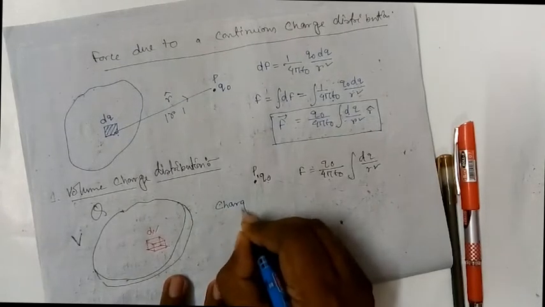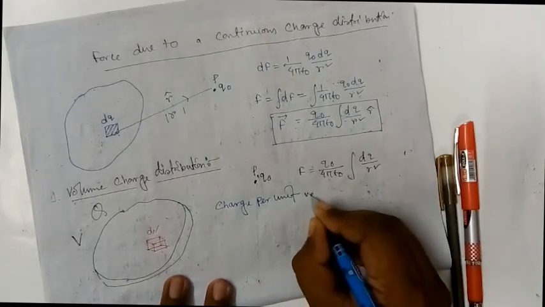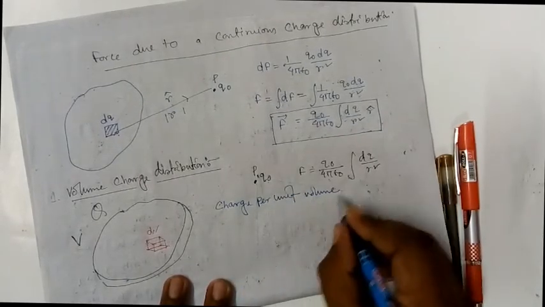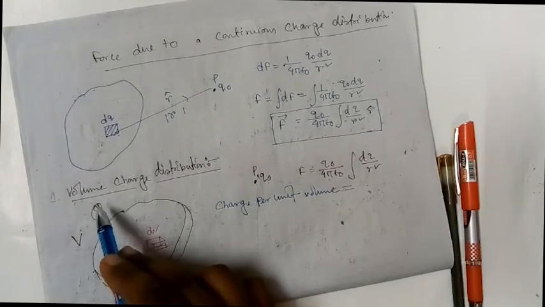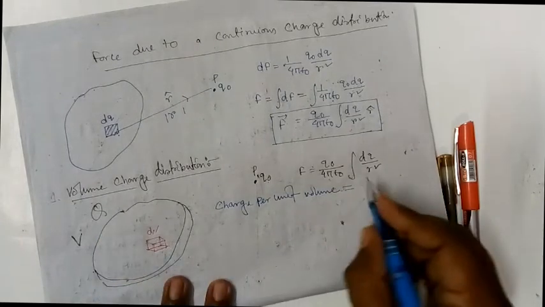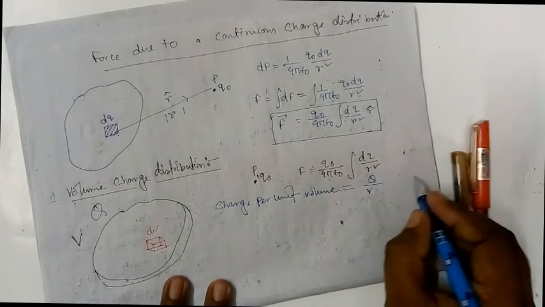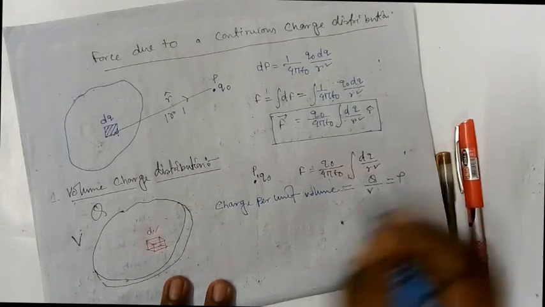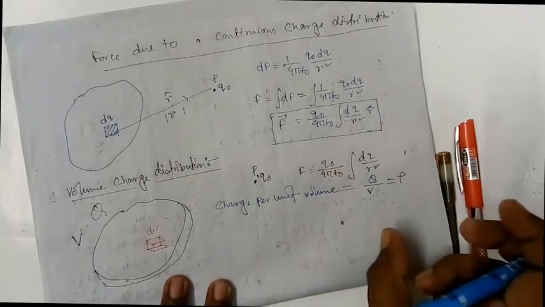Total charge is q, total volume is V, so the charge per unit volume is q by V. This is denoted by rho.